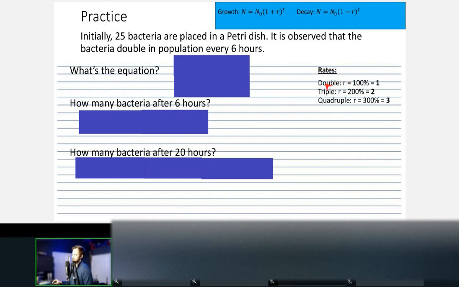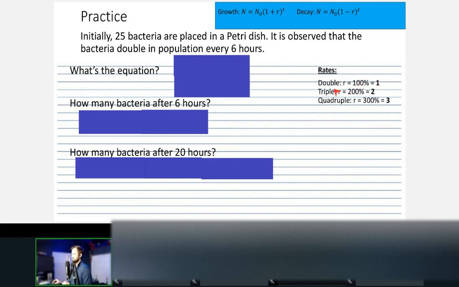For example, double, the rate is 100%. So if every second it doubles, you get 100% more, right? So you go from 1 to 2, 2 to 4, 4 to 8. So when it says double, r is 100%. And when you move the decimal over 2 places, r equals 1.